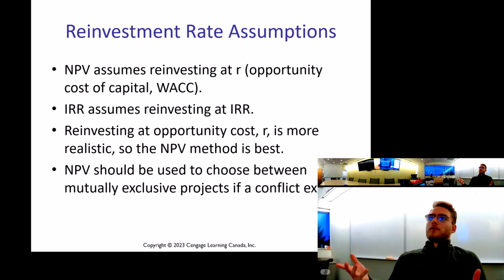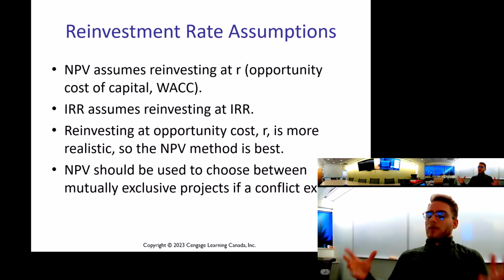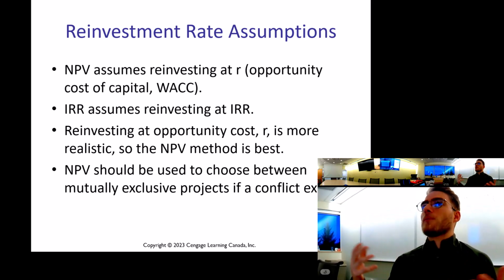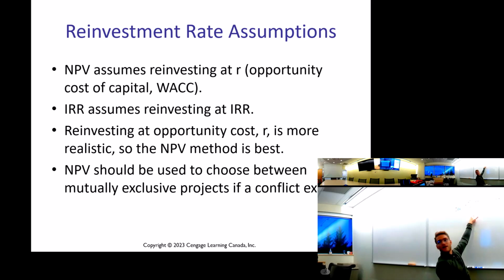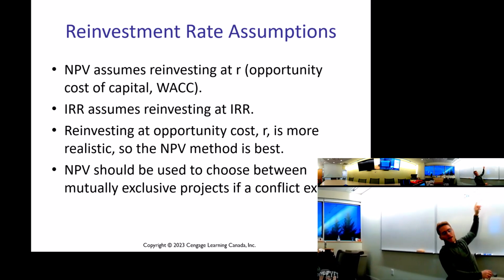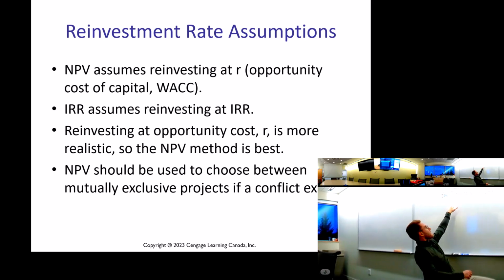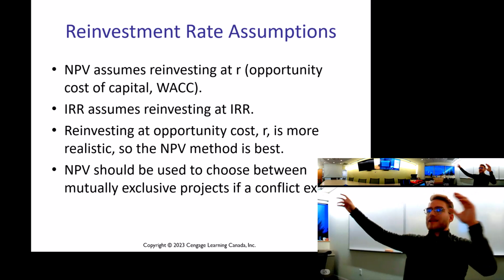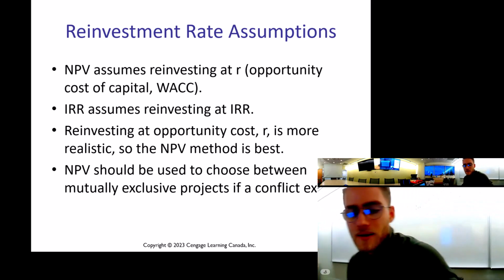So with internal rate of return, say you have a project that's 14.5%, and you get a $500 cash inflow at year one. What this assumes is that all future cash flows are reinvested at that same 14.5%.